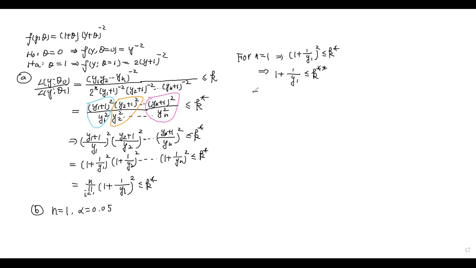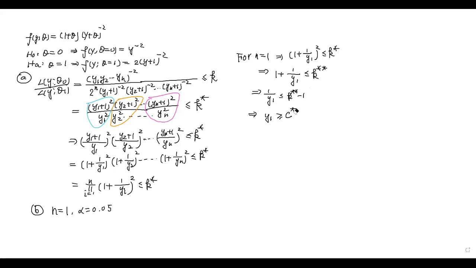Now I can say 1 over y1 is less than or equal to k double star minus 1. So I flip it, and that means y1 is greater than some c star.